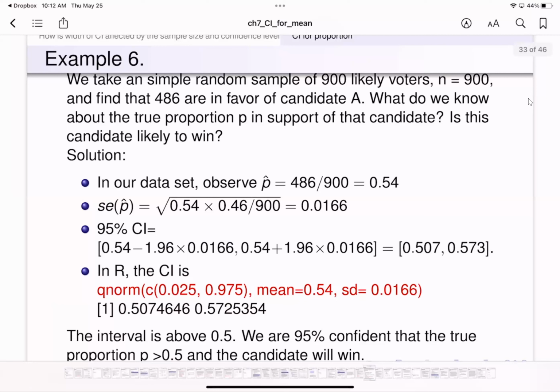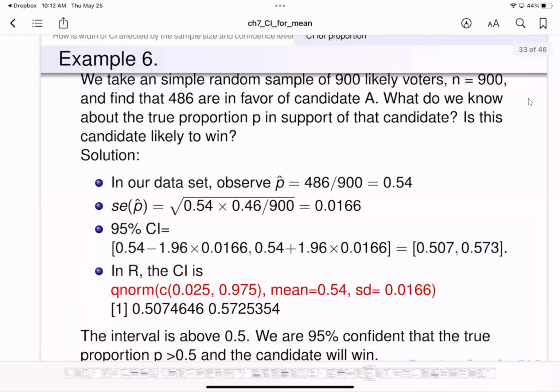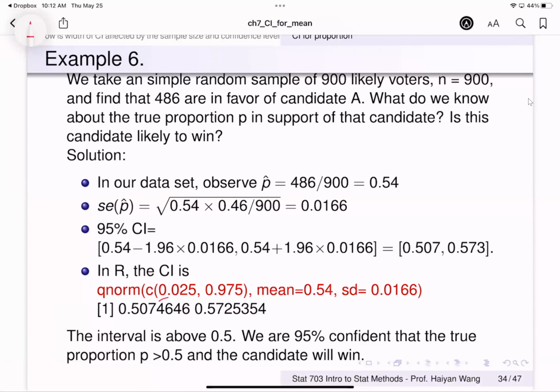This computation, we have done manually. We don't have to do that manually. If you do it in R, we use the qnorm command and you put in the two percentiles. This is the 2.5 percentile, and the other one is 97.5%. But we always have to use them as proportions here. And the center for the confidence interval is 0.54.